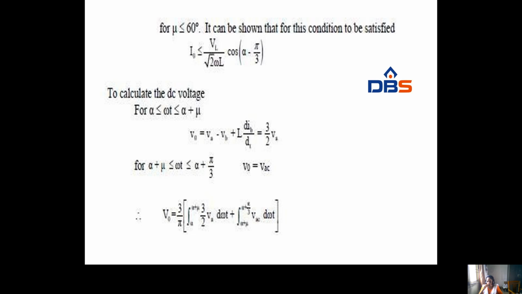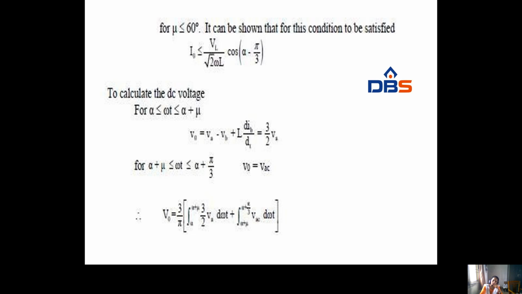So to calculate the DC voltage, for alpha less than or equal to omega t less than or equal to alpha plus mu, V naught equal to VA minus VB plus L into dIB by dt. That implies 3 by 2 VA. For alpha plus mu less than or equal to omega t less than or equal to alpha plus pi by 3, V naught equal to VAC.